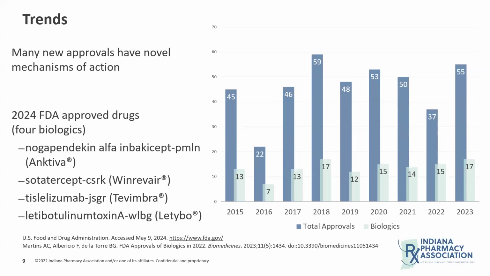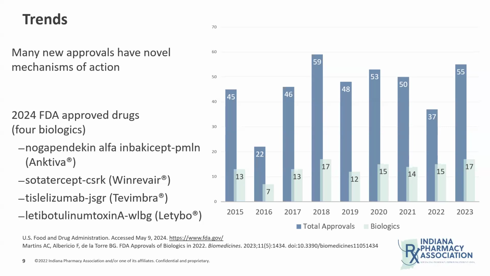But I would say the smaller bar graphs are kind of a turquoise color. That shows the amount of drugs per year that were biologics. So, for example, there were 50 drugs in total approved by the FDA in 2021, and then 14 of those were biologics. I did a CE in Nashville on those 50 drugs with my good friend and co-fellow Matthew Sherman back in 2022.